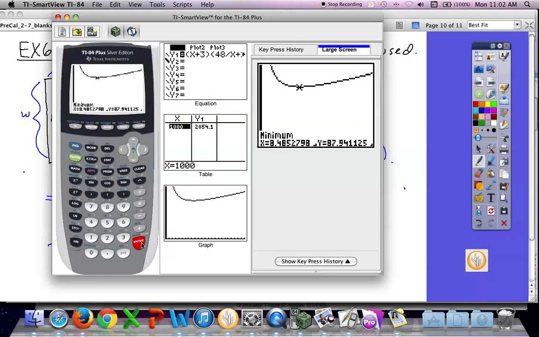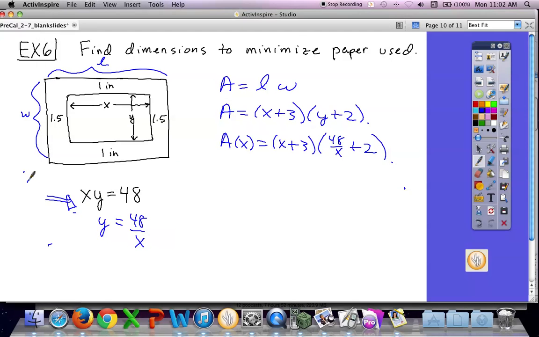So if X equals 8.5, then Y is 48 divided by 8.5, which is 5.6.